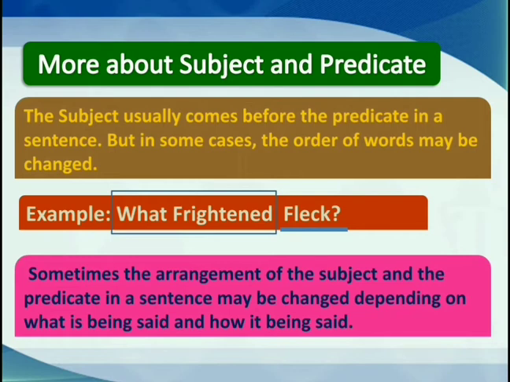So here, sometimes the arrangement of the subject and the predicate in a sentence may be changed depending on what is being said and how it is being said. Because in this sentence, Flag is the subject, and what frightened is the predicate. So here in this sentence, the predicate has come first and the subject follows later.